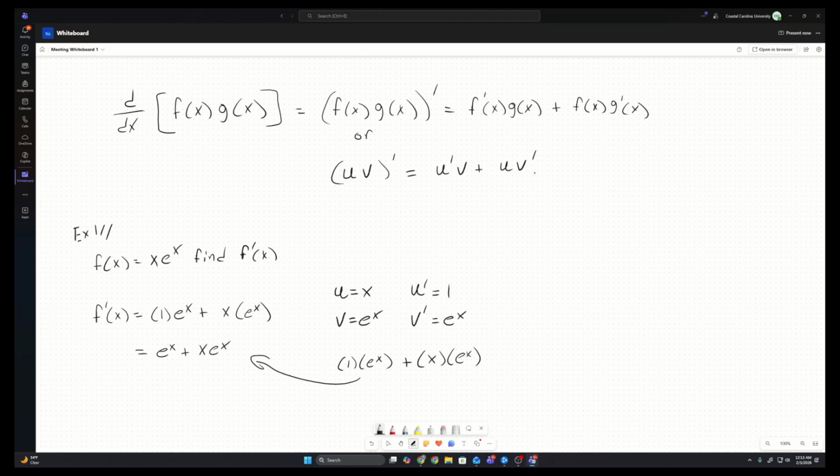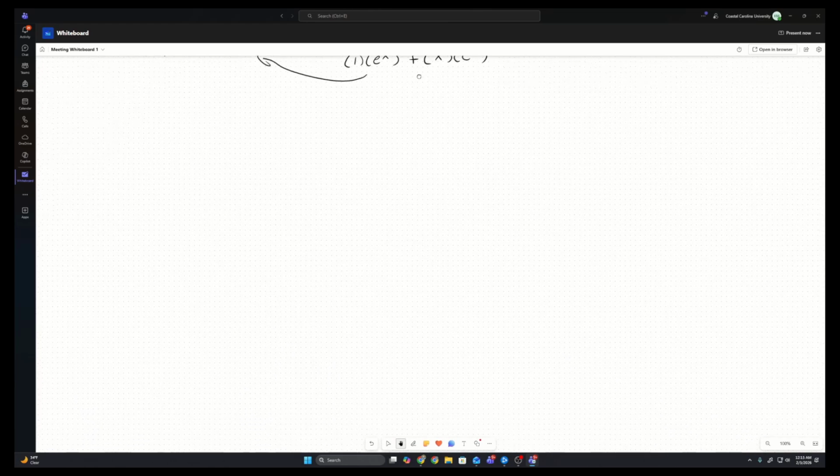Now, if I look at example 2, we'll scroll this down a little bit. So for example 2, we have h of t equals the square root of t times a plus bt.